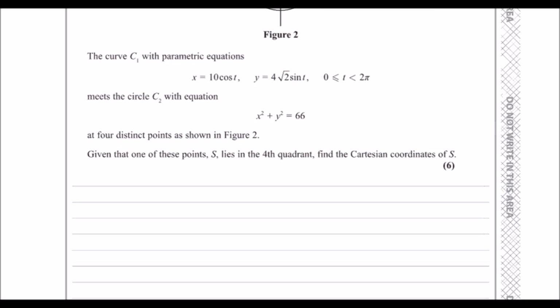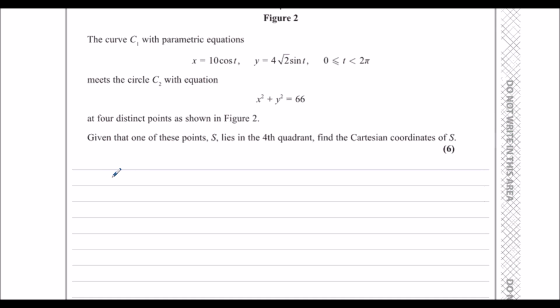So let's do that. So we've got (10 cos t) squared plus (4 root 2 sine t) squared equals 66.